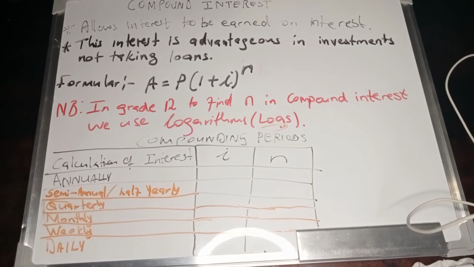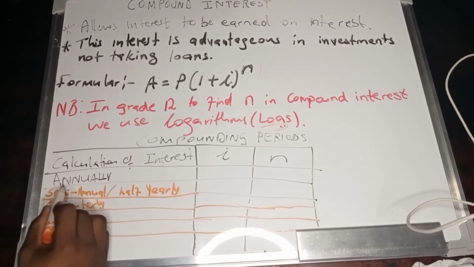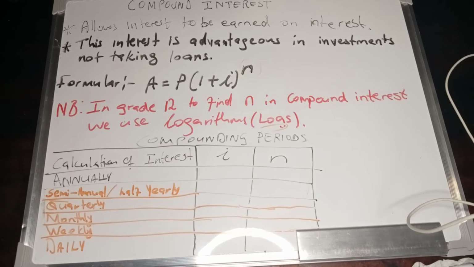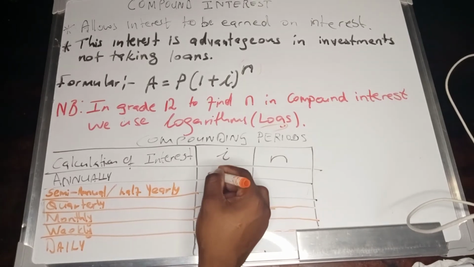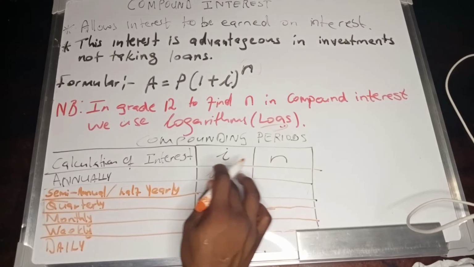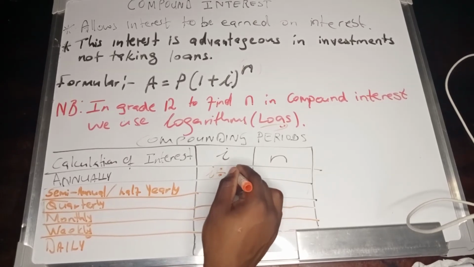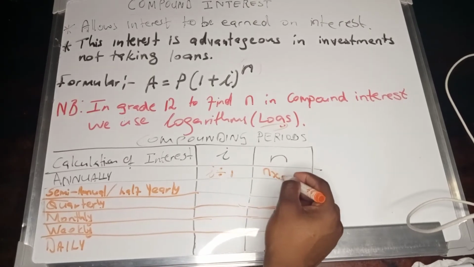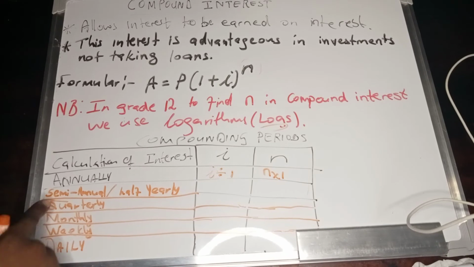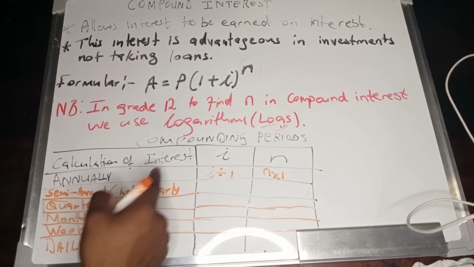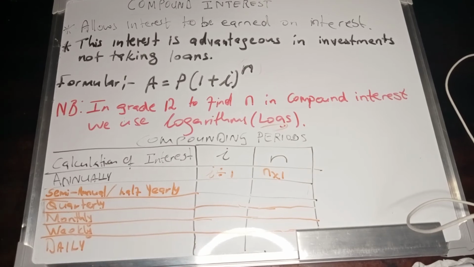For example, here we have annually, meaning 1 year. So for annually, you must have I divided by 1 and n multiplied by 1.